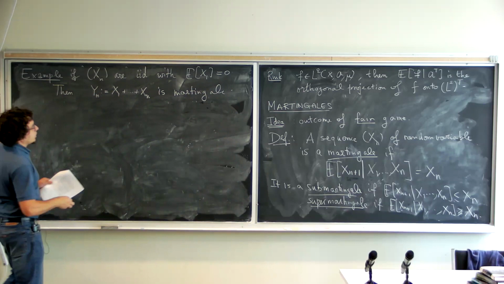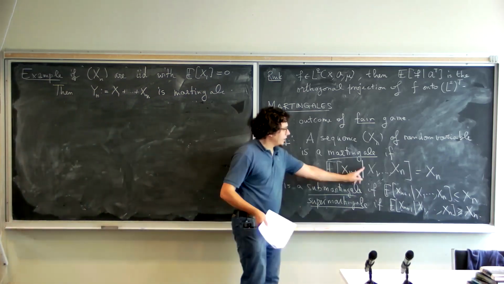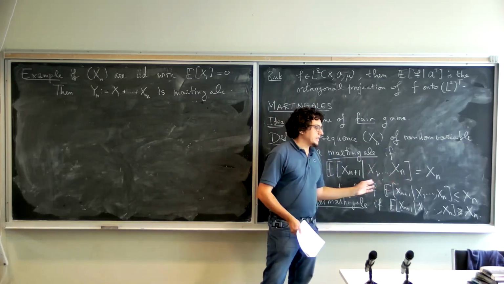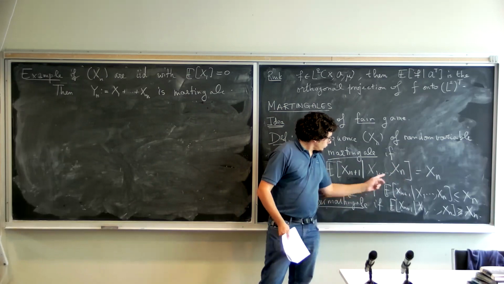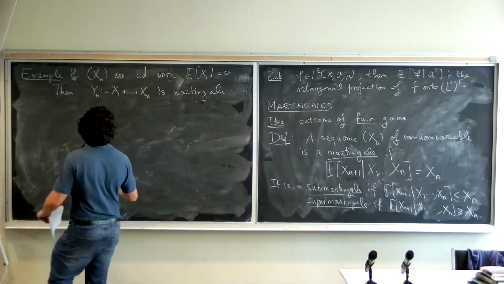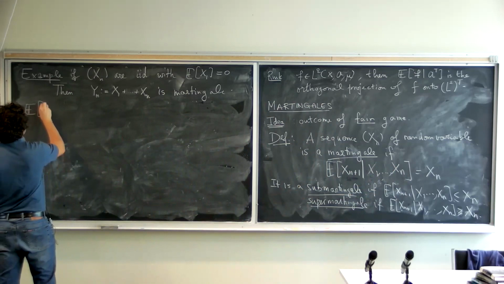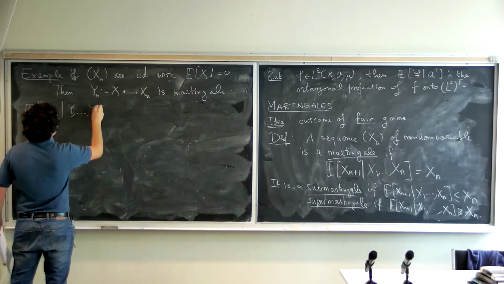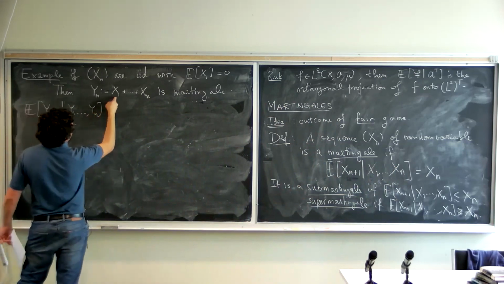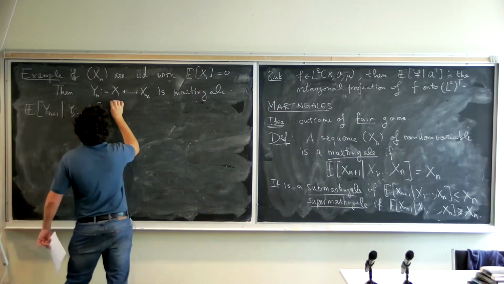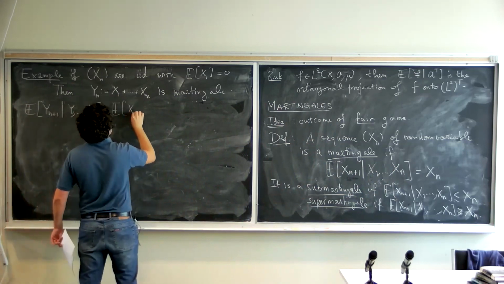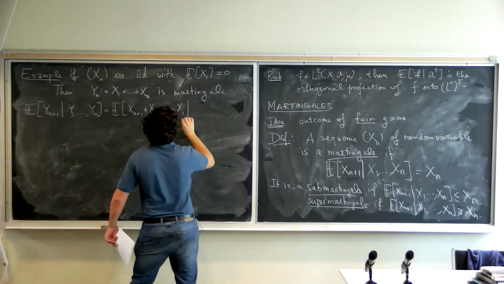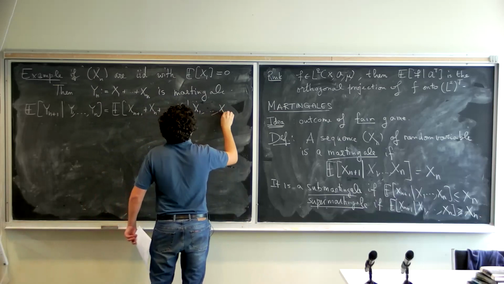Because clearly, if they're independent, once you condition on x1 to xn, xn plus 1 doesn't matter. So you can say E of yn plus 1 given y1 to yn is the same as given x1 to xn. So this is the expectation of xn plus 1 plus xn plus up to x1, given x1 to xn.